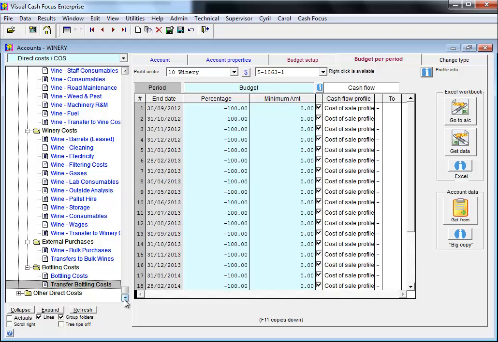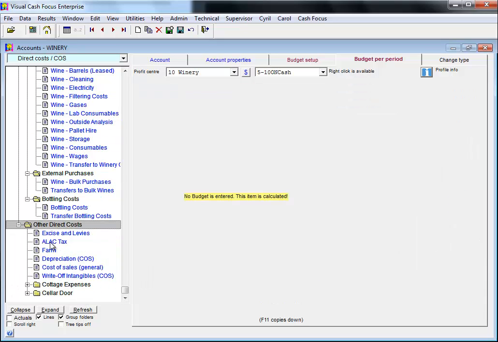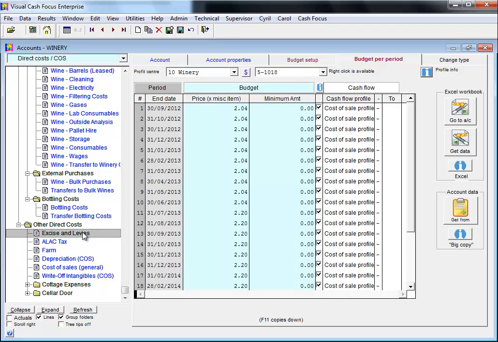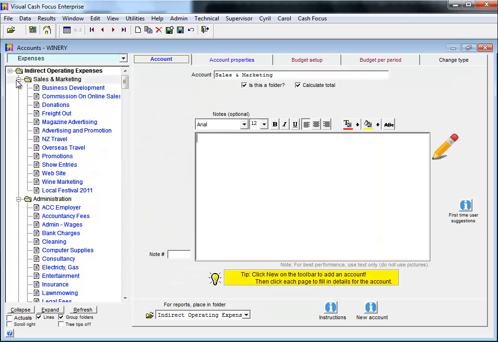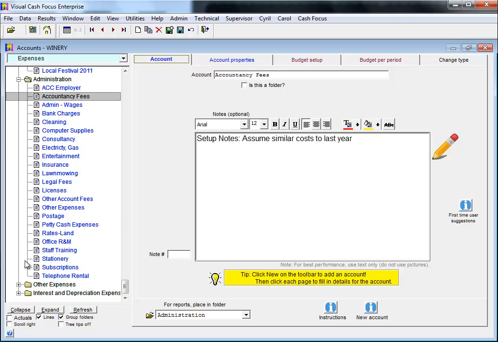Although these accounts are all required for cash flow and planning purposes, they have no initial profit impact and are included in the standard cost of wines sold. Other direct costs include ALEC tax, farm expenses, cottage and cellar door expenses.